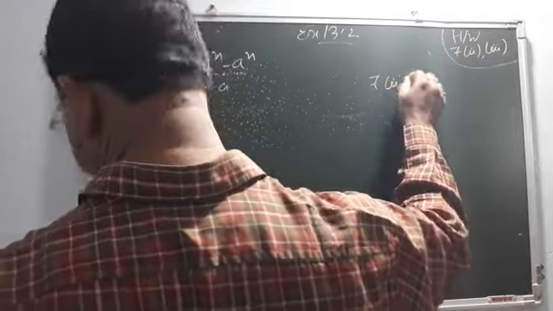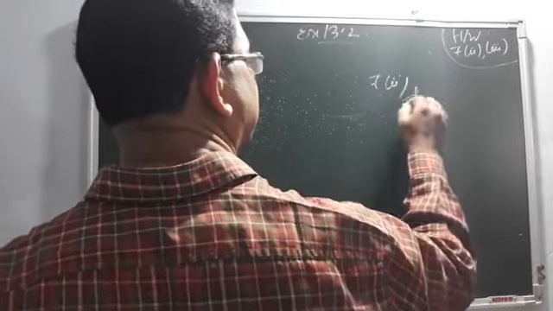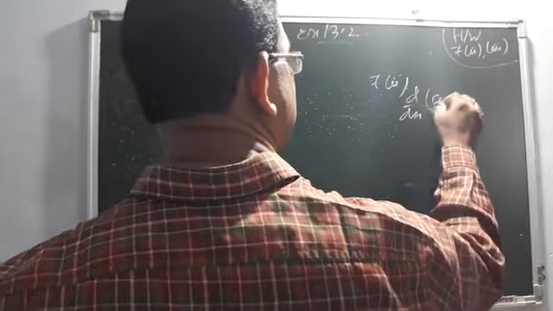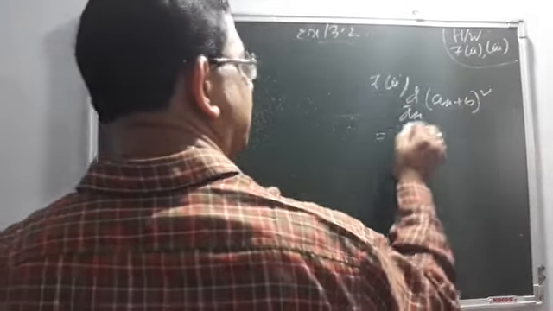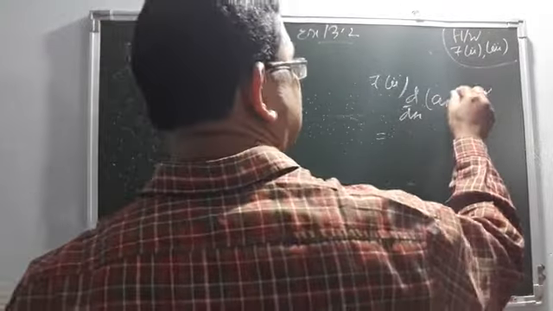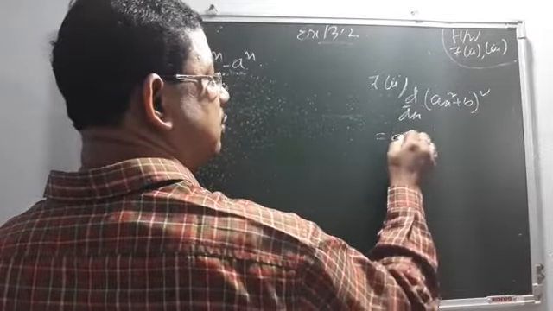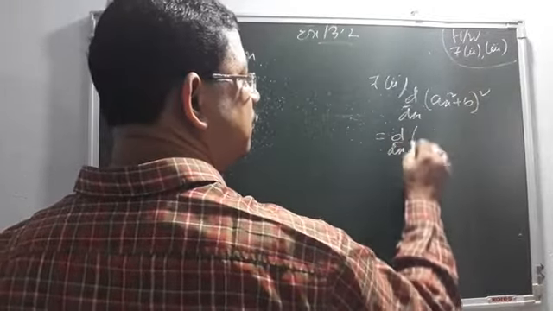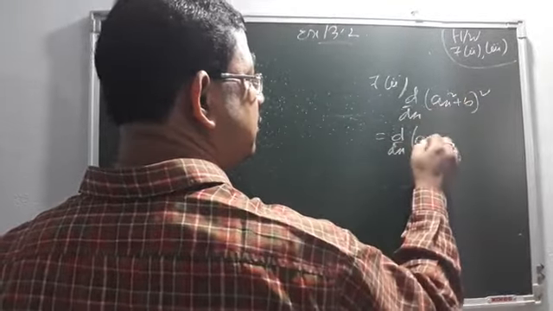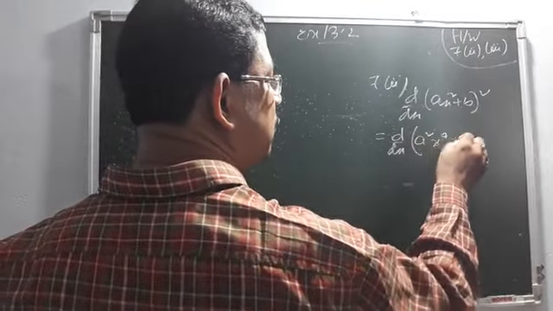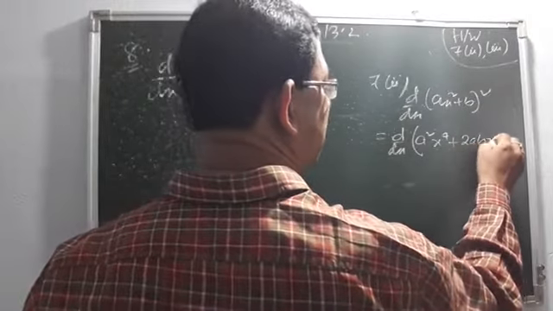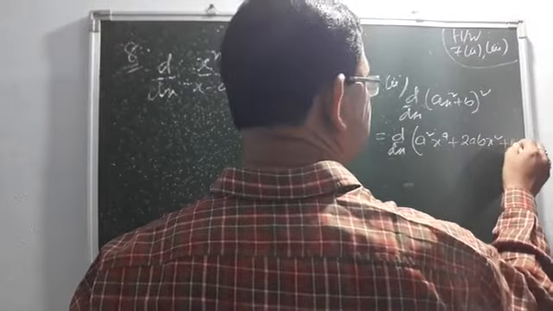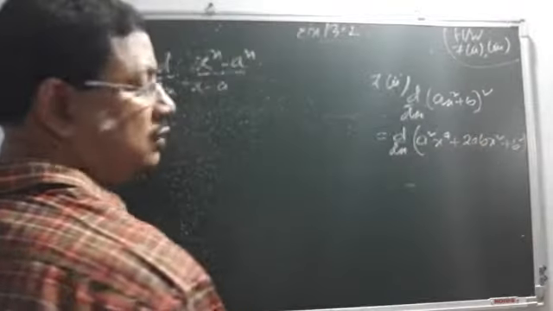For 7.2, they say to differentiate d/dx of (ax plus b) whole thing squared. Break it using the (x plus y) whole squared formula: a squared x squared, twice ab x, plus b squared. You have to differentiate that.